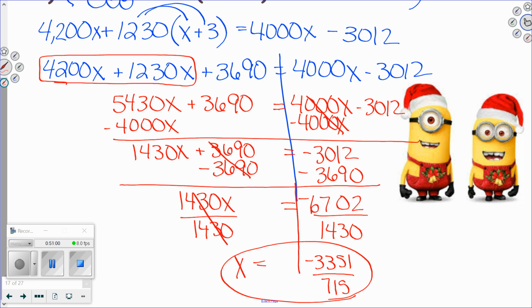Since it didn't divide nice, type it in as a fraction. So hit negative 6702, your ABC button, and then 1430, and hit enter. Now that calculator by default will switch them to a mixed number. Hit second ABC, and then enter, and it'll switch it. So that's where it came from.